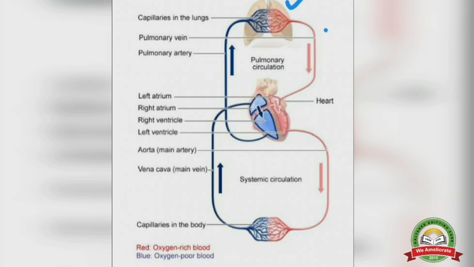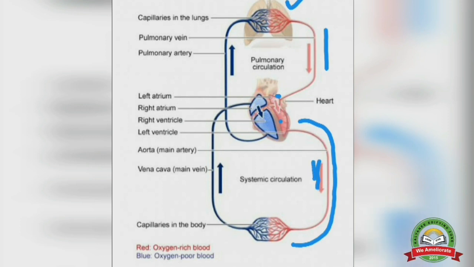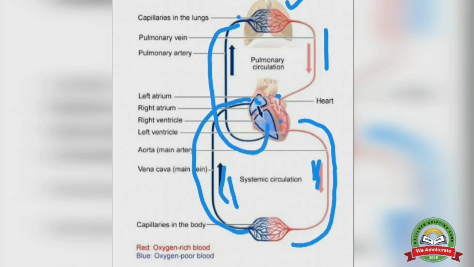Fine. So yeah, overall you guys just need to remember the terms and the steps: from the lungs through the pulmonary vein to the left atrium, from the left atrium to the left ventricle, then from the left ventricle to the body, to the aorta or main artery, from the main artery to the vena cava or main vein, back to the right atrium, from the right atrium to the right ventricle and back to the lungs.